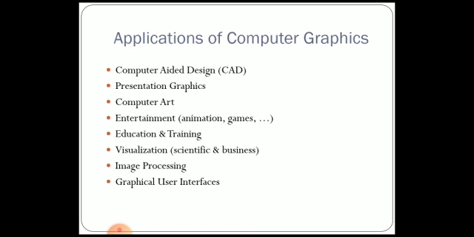Will that be possible? No. First, they will put you into a simulator, wherein you'll be trained on how to handle the controls of an aircraft, what to do in different situations. That's nothing but computer graphics. That's one of the applications of computer graphics.